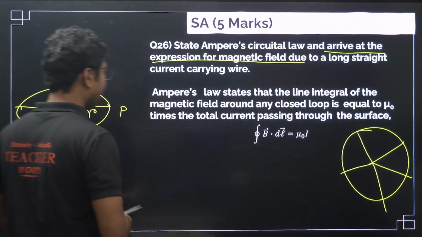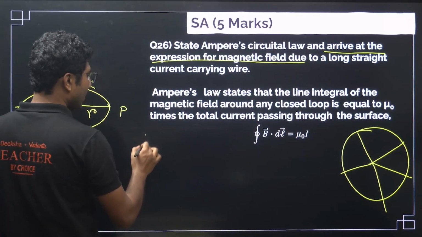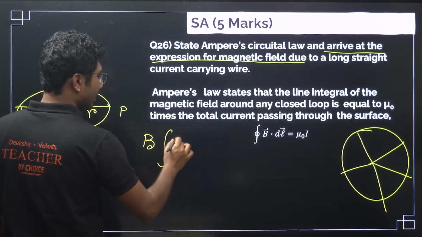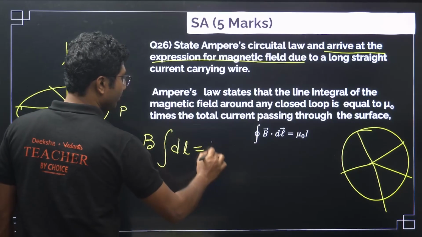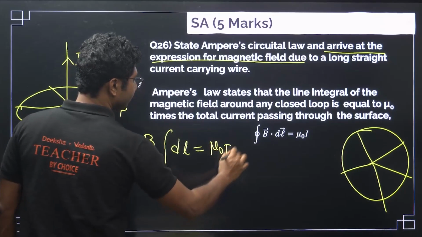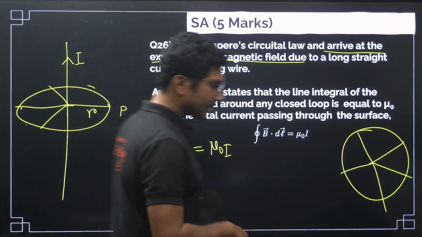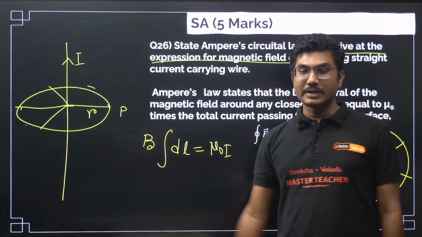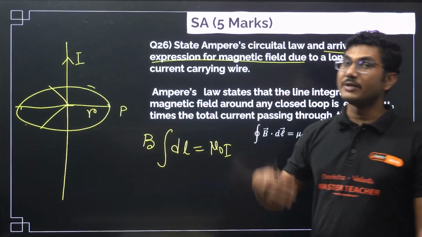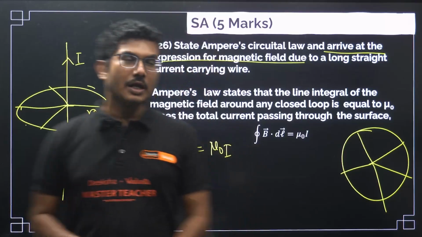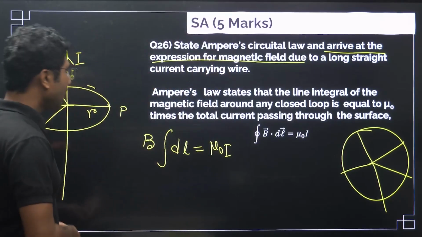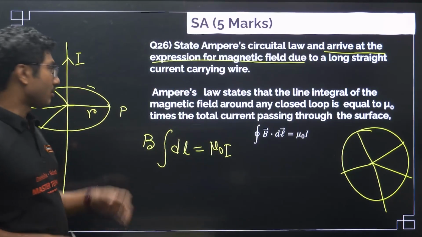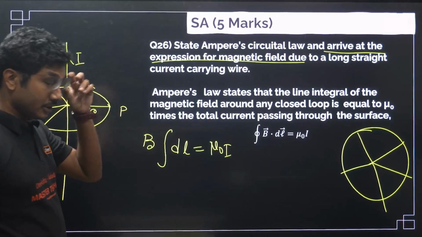So, from Ampere's circuital law, we can write B dl equals mu naught I. Why is B outside of the integration? If it is a constant, then it can come out of the integration. Same logic, because of symmetry, the magnetic field is constant across the loop. So, you have to mention that, by the way.